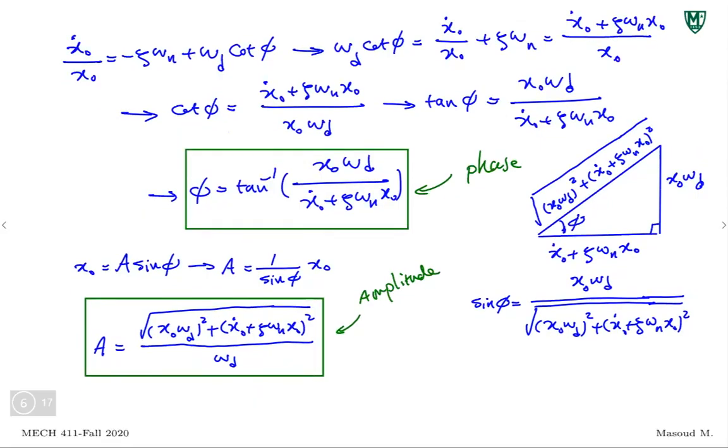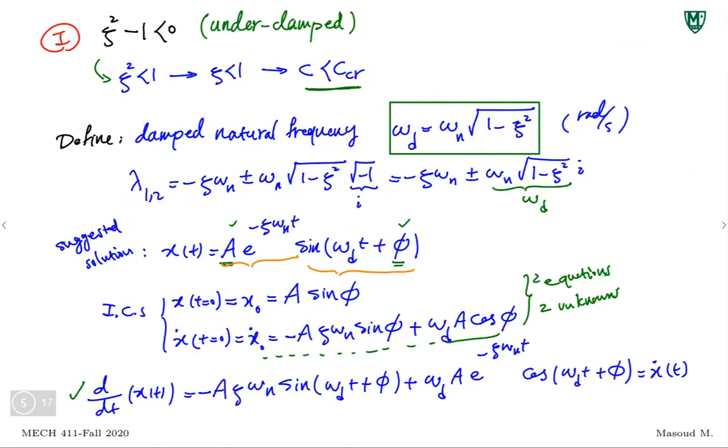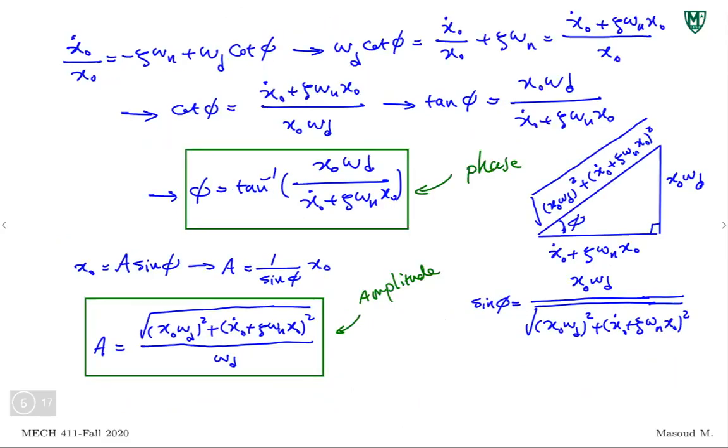Now, as we will see over and over, we don't like long equations. They don't tell us that much. We're looking at these values for A and phi, and keep in mind these are the values that you need to plug in for the system response. So the system response, let me just add it here. x of t is A e to the minus zeta omega n t sine of omega d t plus phi.